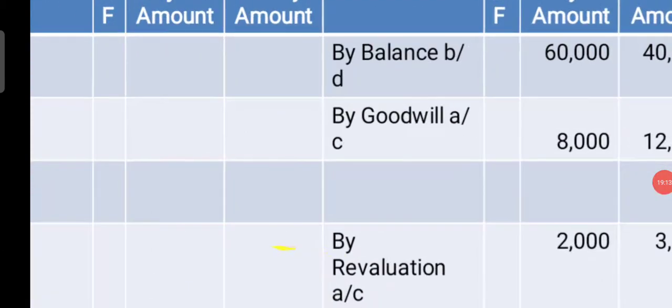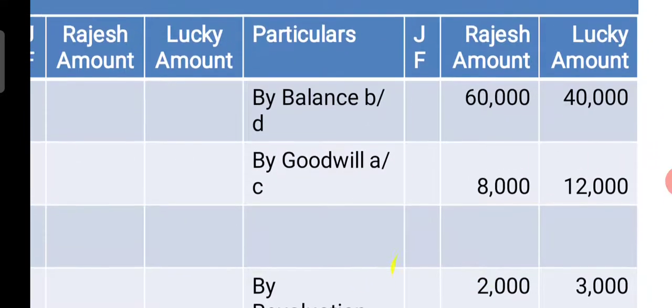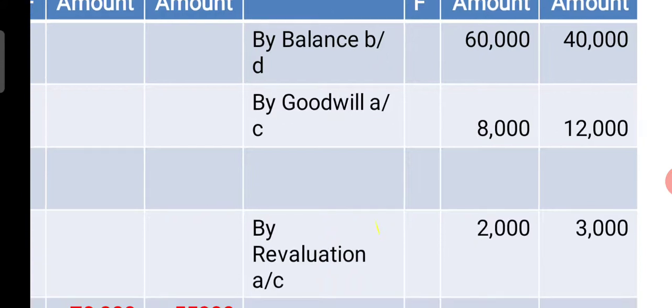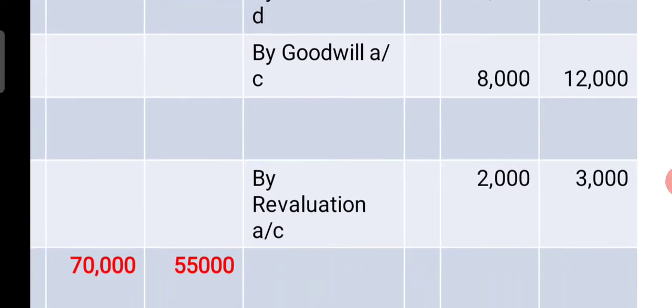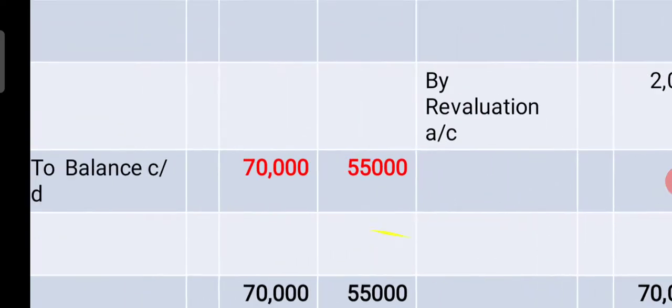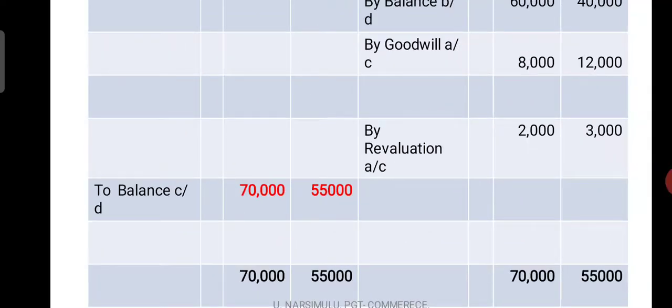Balance brought down, Rajesh 60,000, Lucky 40,000, goodwill account 8,000, 12,000, revaluation account 2,000, 3,000, total 70,000, 55,000. Similarly here, balance carry down 70,000, 55,000.